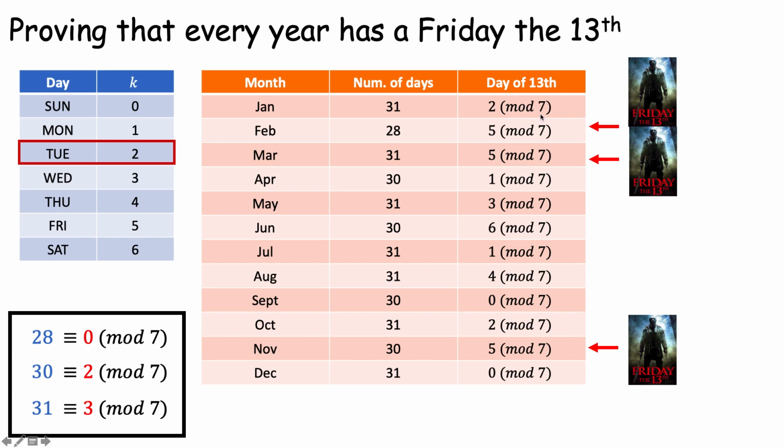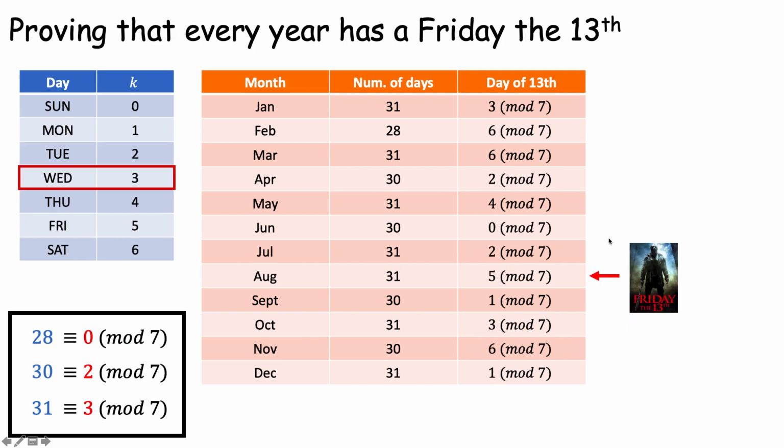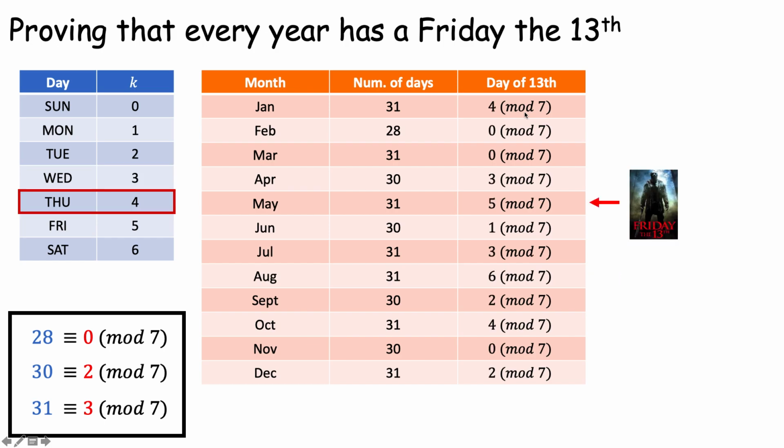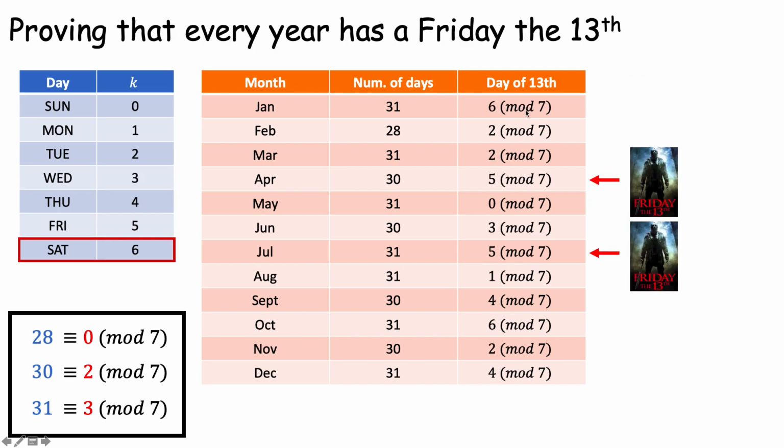And interestingly, if the 13th of January of that year was a Tuesday, we would actually get 3 Friday the 13ths that whole year, and that would correspond to February, March, and November. And if we continue this, we will see that for a Wednesday, Thursday, Friday, or Saturday as well, there is at least 1 month where we are getting a Friday the 13th.